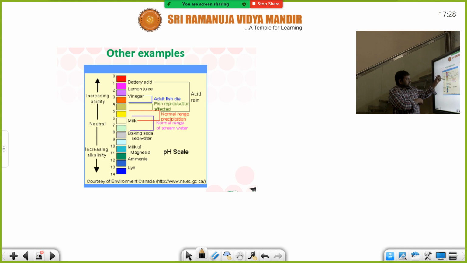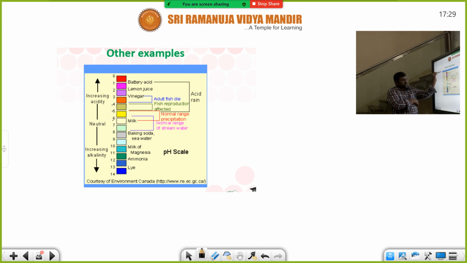0, 1, 2, 3, 4, 5, 6, 7, 8, 9, 10, 11, 12, 13, 14. This is the pH scale. Towards the left is increasing acidic character, where H plus ions are given easily. 0, 1, 2, 3, 4, 5, 6, 7.